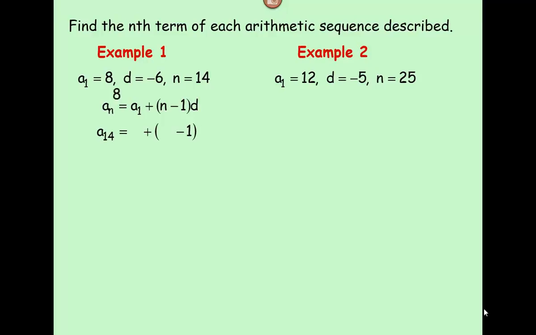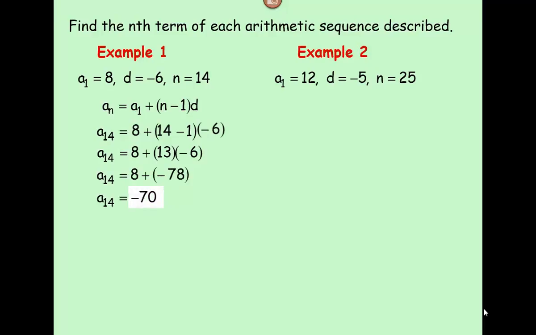Change a sub 1 to 8. N again becomes 14, and d becomes negative 6. Go ahead and work your math. Subtract 14 minus 1. Multiply 13 times negative 6. And then add 8 and negative 78. You'll get negative 70. So a sub 14, the 14th term of this sequence, is equal to negative 70.